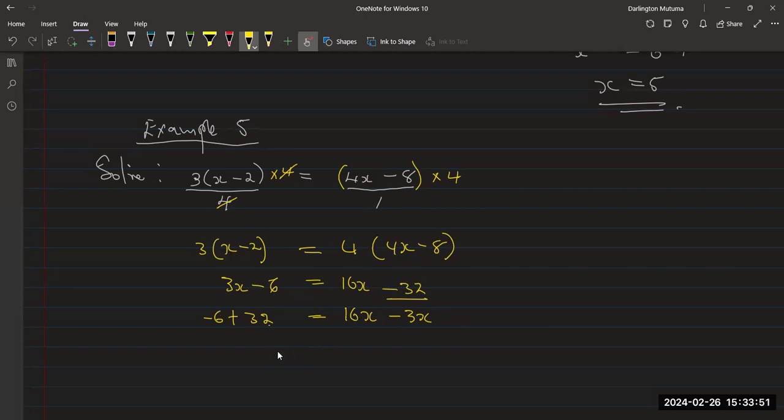What do you get? 32 minus 6 is 26. It's 26, which is equal to 16x minus 3x. That's 13x. If you want x, you divide both sides by 13. So 2 is equal to x.